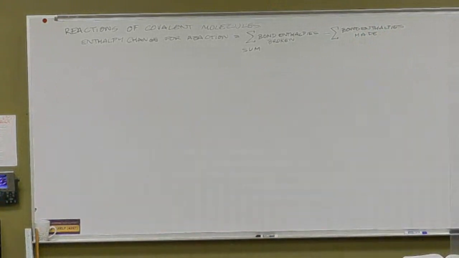Okay. Remember we said at the very beginning of this chapter that enthalpy is something that we associate with heat. Heat is something that we associate with kinetic energy. The potential energy in chemistry comes from storing the energy in chemical bonds. So typically, when we break bonds, we're doing something different to the energy than we do when we make them.